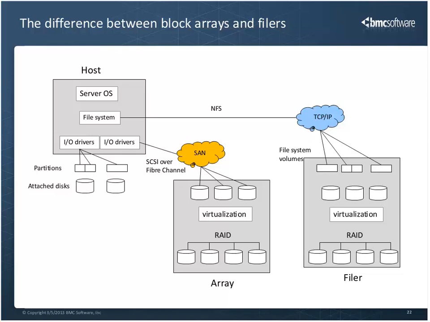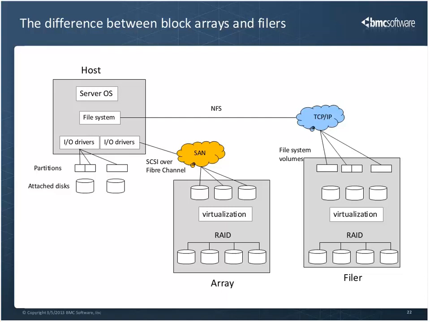And these I/O drivers make it appear to the host as if these virtual disks are actually very similar to the attached disks. So the host OS and everything above it, the file system as well, have no idea whether they're dealing with attached disks or whether they're dealing with array disks. Okay. So that explains how block arrays work.